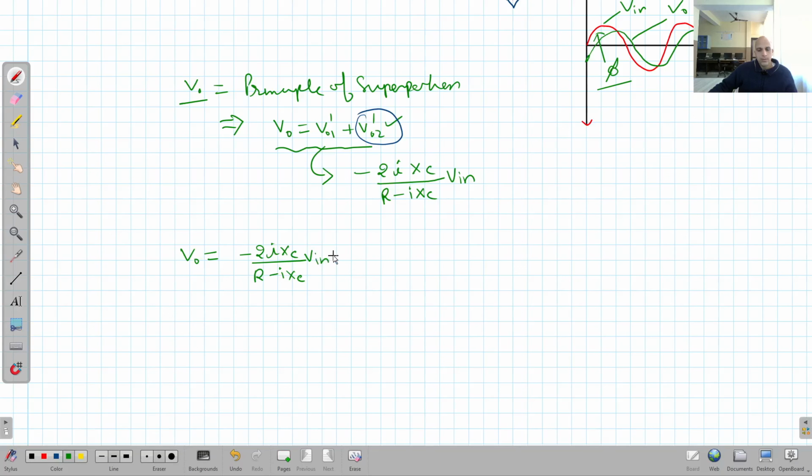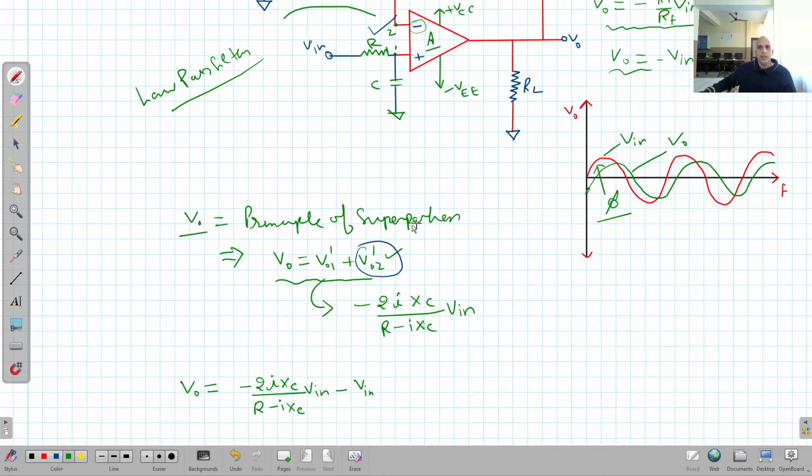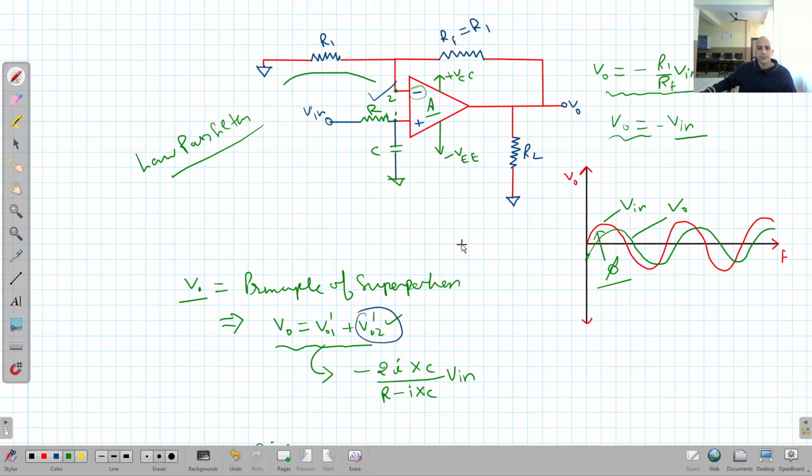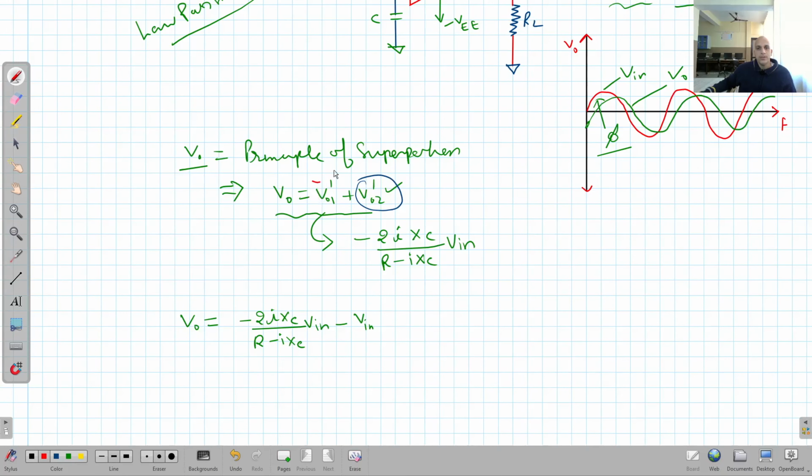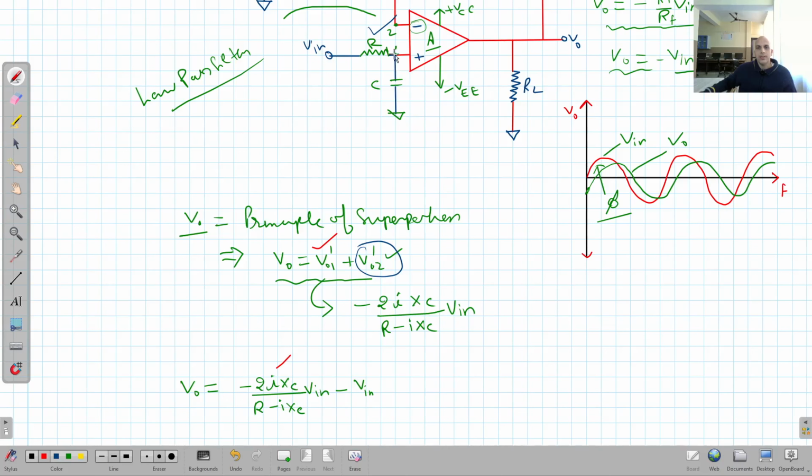Clear? Second was minus V in. Clear? We have calculated it here, right? So now we have put the values of this one and this one. This one is because of this voltage, this signal appearing at node A. We have already calculated it.